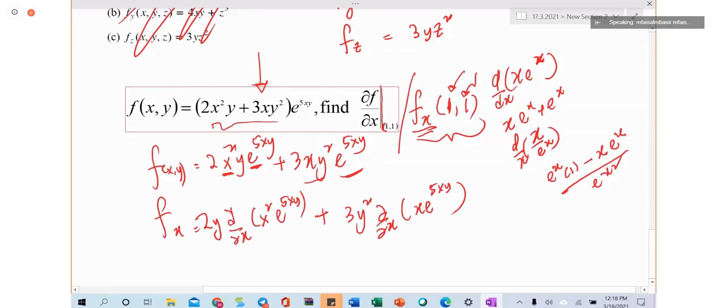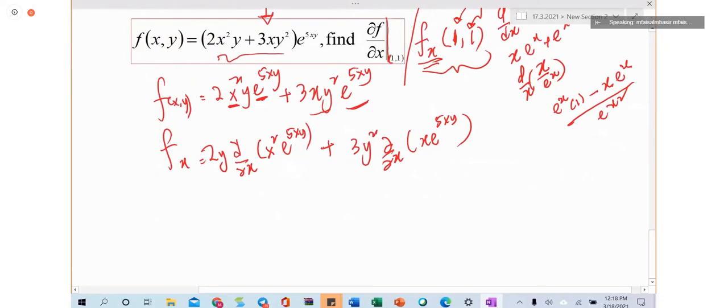So differentiate this will be copy left, differentiate right.